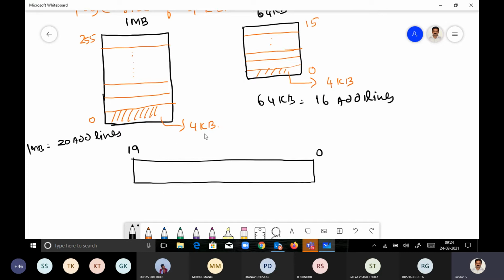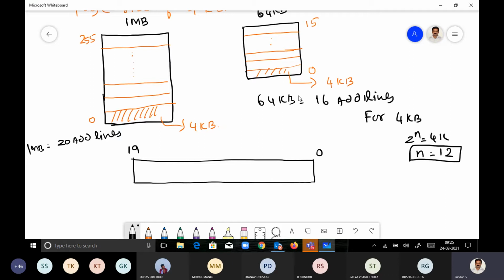Right. For 4 kilobytes, 2 power n is equal to 4K. 2 power 10 is 1K, 2 power 11 is 2K, 2 power 12 is 4K, so n is equal to 12.